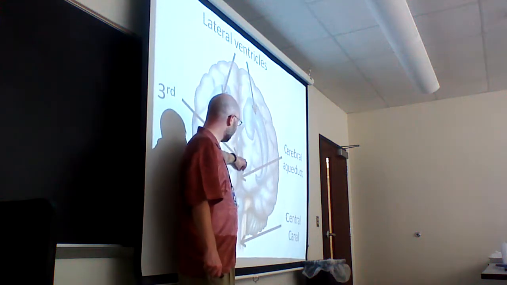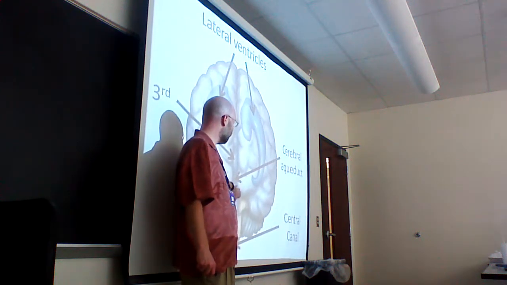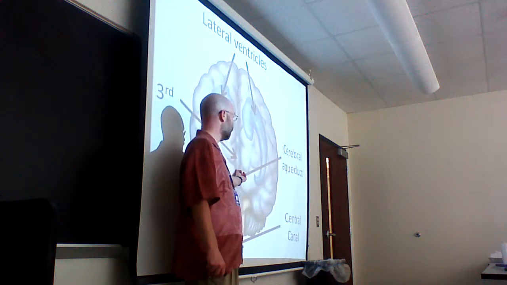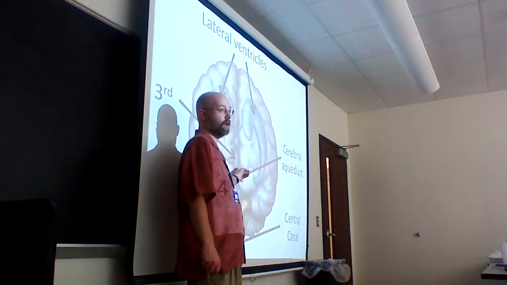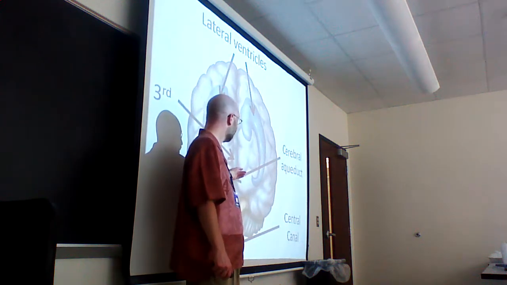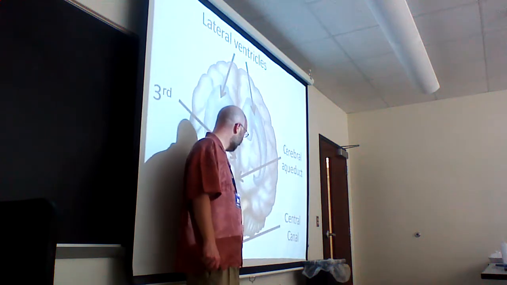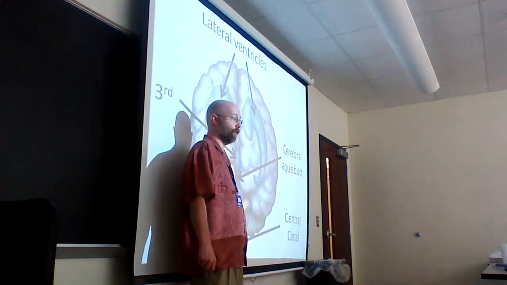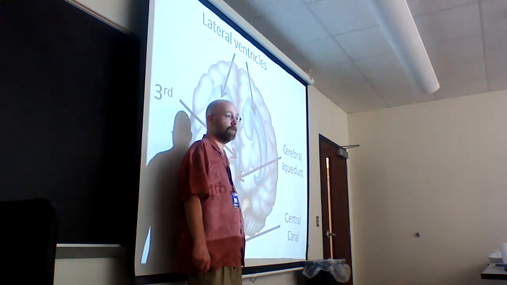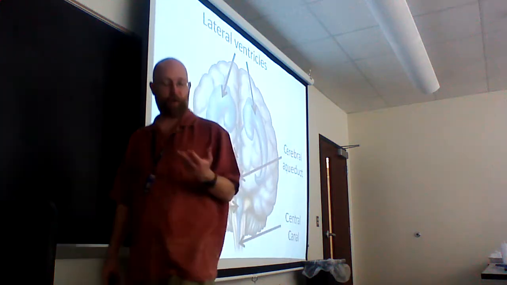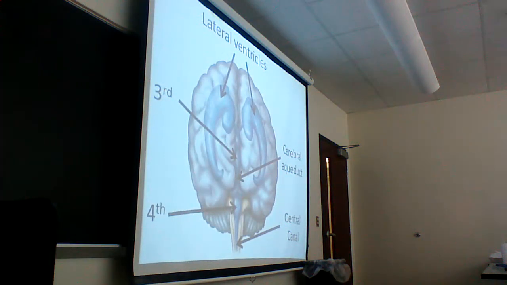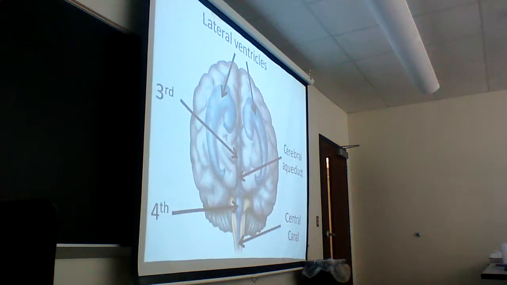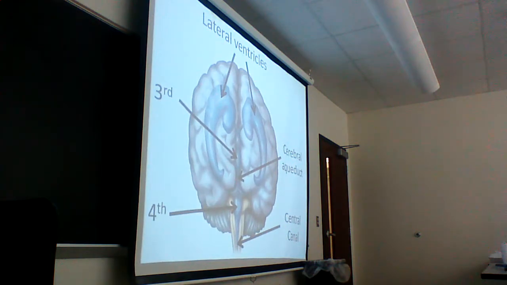The third ventricle drains down into the fourth ventricle here through the cerebral aqueduct. You might actually see the aqueduct if you're careful in your dissections. And then ultimately the fourth ventricle drains down into the central canal of the spine. Right? So, a couple different places you're going to see cerebrospinal fluid: ventricles of the brain, central canal of the spine, and then the subarachnoid space.